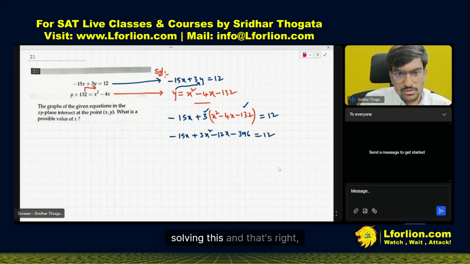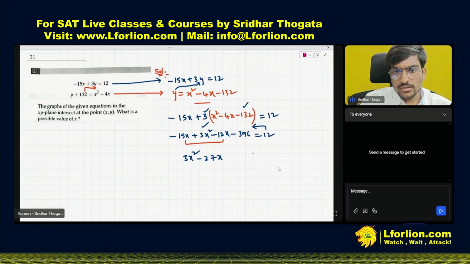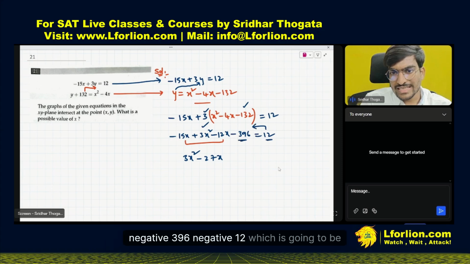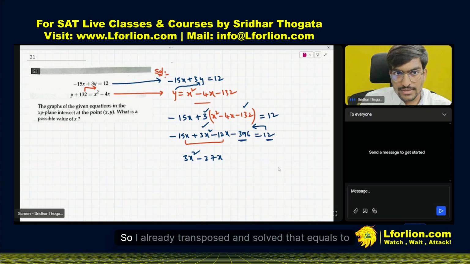So solving this, 3x square as it is, negative 15x and negative 12x, you get negative 27x, and transposing this 12, negative 396 minus 12 is negative 408, that equals 0.